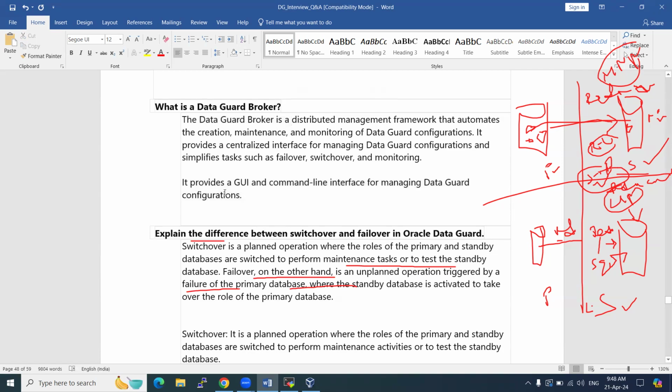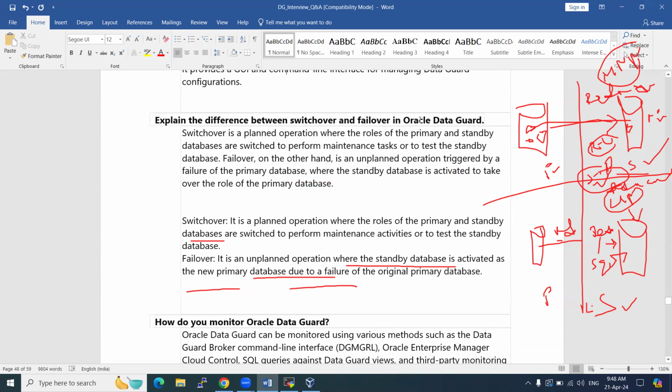It provides GUI and command line interfaces for managing Data Guard configurations. By using Data Guard broker, we can easily manage the configurations. It is a very simple tool, and as part of failover or switchover it is very helpful. We can do it with a single command. Okay, you go with this theoretical part.